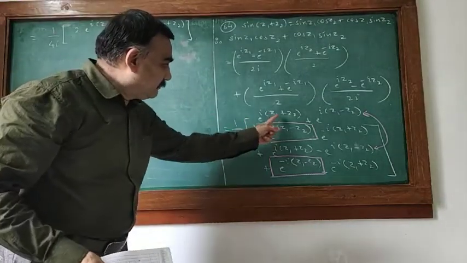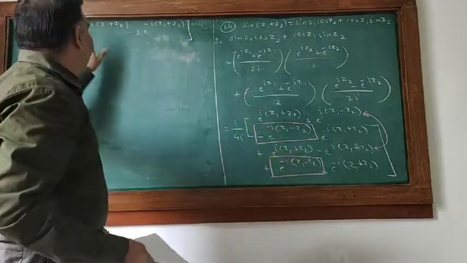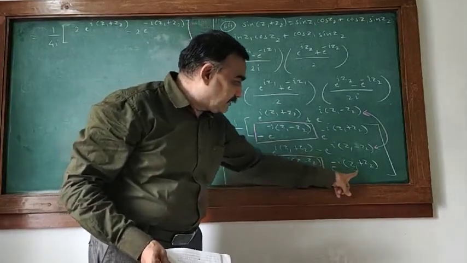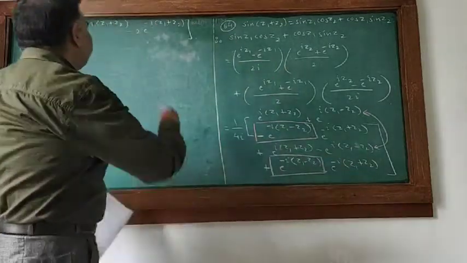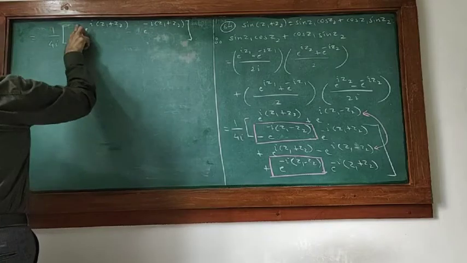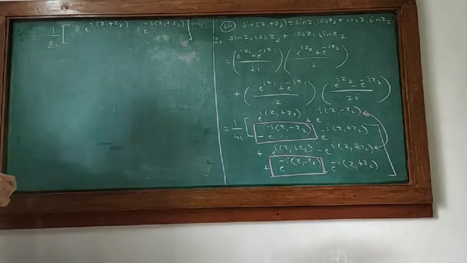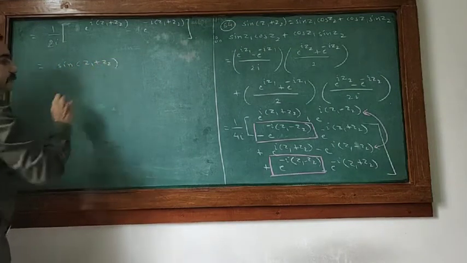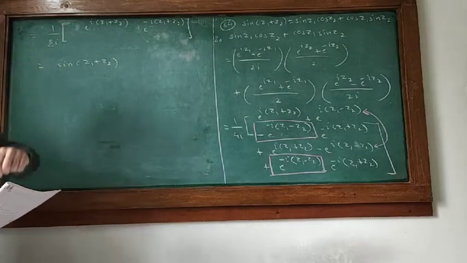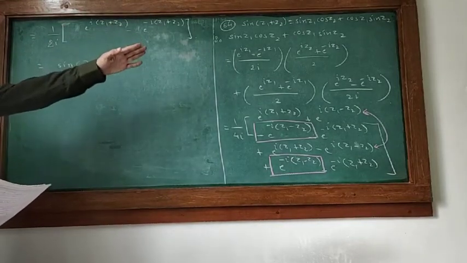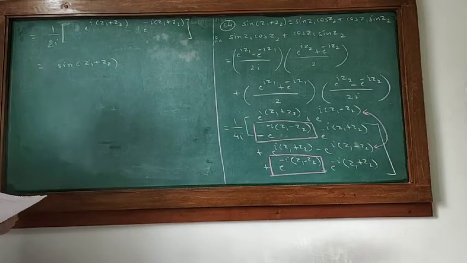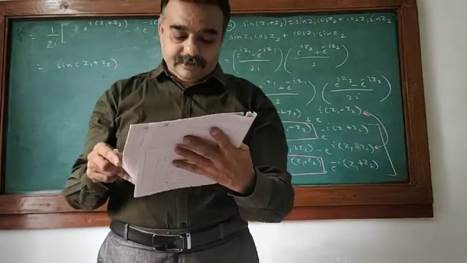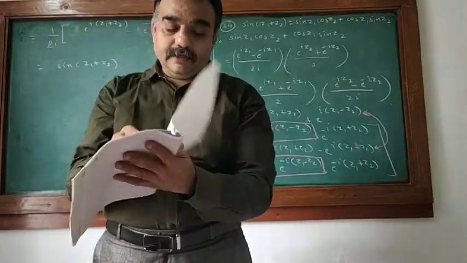Now I am taking 2 in common, so the 2 will cancel out, and this is the formula for sin(z1 plus z2). So it proves the identity by going from the right hand side to the left hand side. The same formula is 65a and 65b.